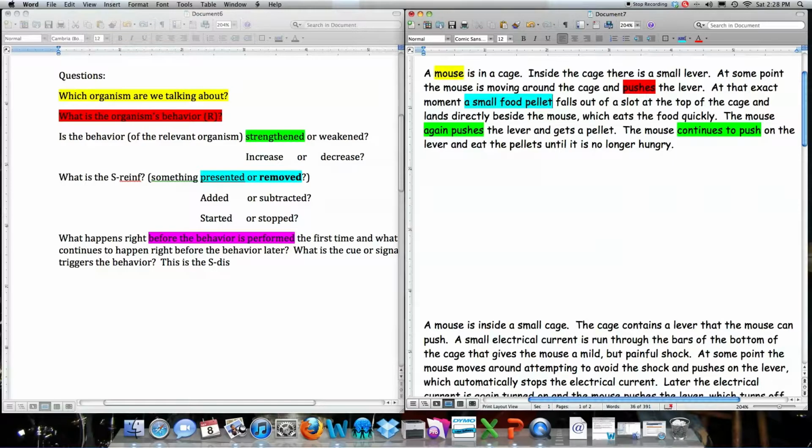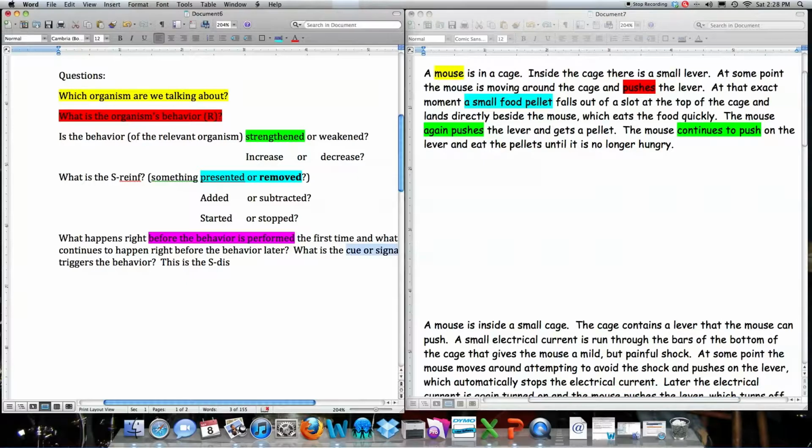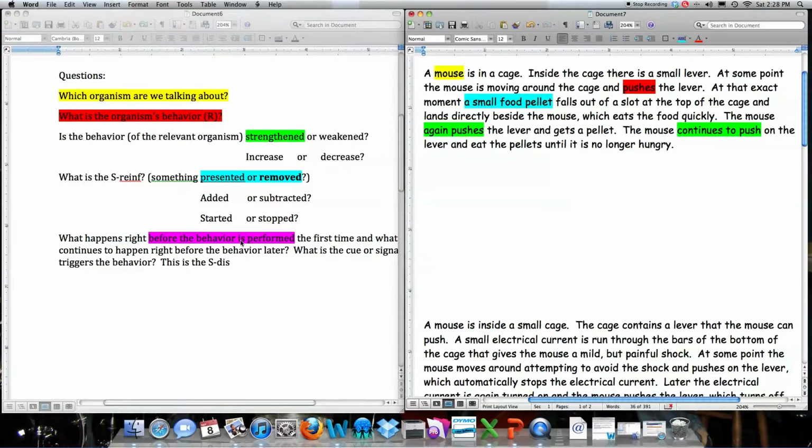The discriminative stimulus is that thing which happens before the behavior. Now, I said the word happens here, you notice, but it doesn't necessarily mean that something is an event or happening. It can be an object. It's any stimulus, be it an event or a situation or a setting or an object, anything that is a stimulus that happens before the behavior is performed and continues to serve as a cue or signal.